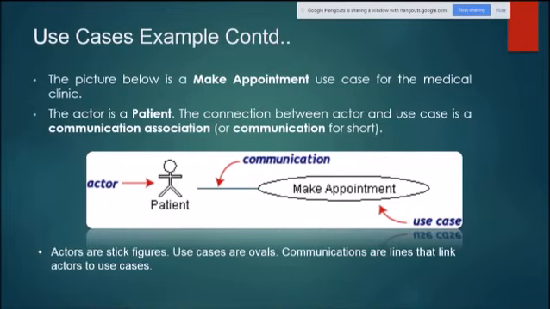So actors are stick figures, use cases are ovals, and communications are lines that link actors to the use case. It is that simple. So it is not at all complex, no further flow or details. It is the simplest possible diagram till now.